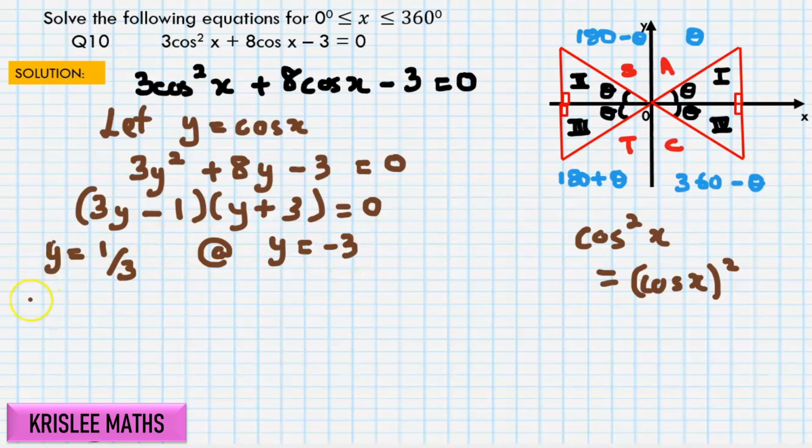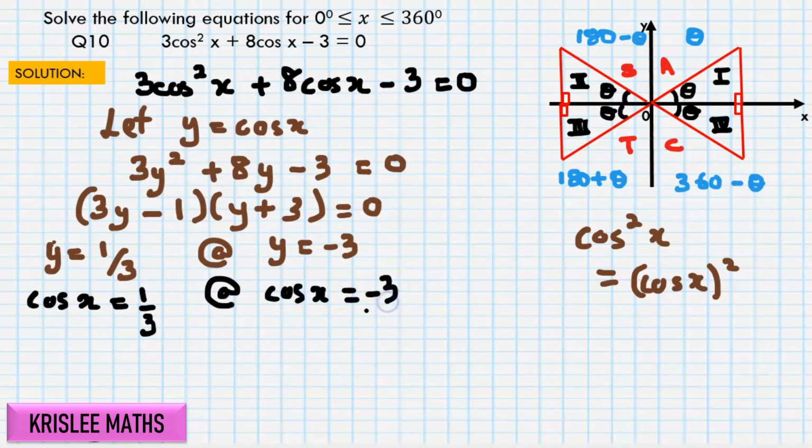So change the y back to cos x. So cos x equals 1 over 3, and the other value is cos x equals negative 3. Now cos x equals negative 3 cannot be solved, so you neglect this equation. So we just have one equation here to find x.